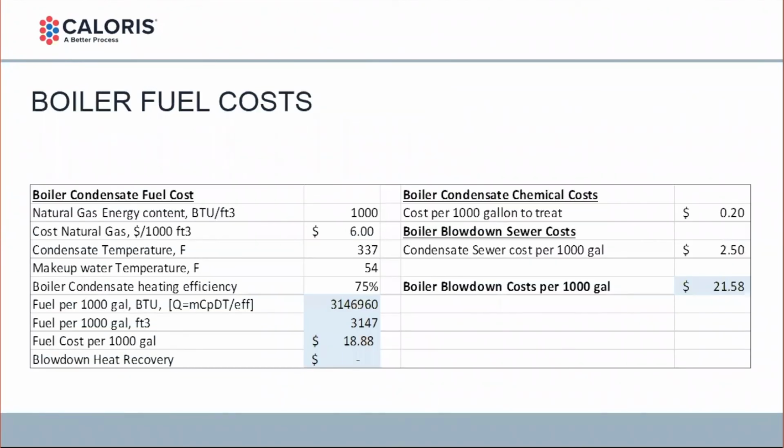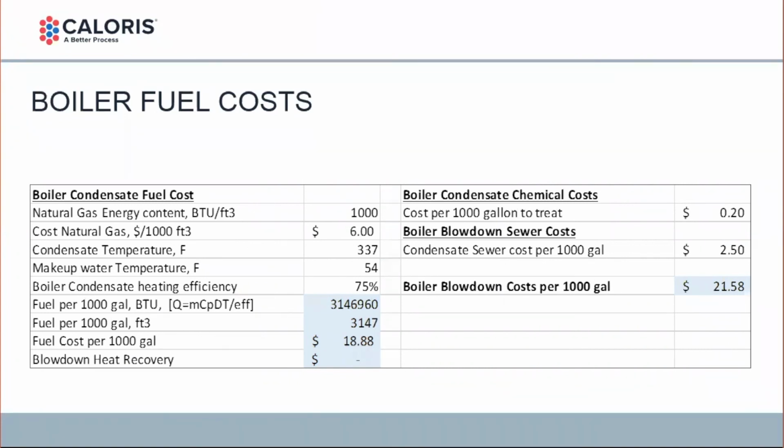Okay, so the first thing we're going to look at is the boiler fuel cost. We're going to say this is a 100 psi boiler, and we'll say that the makeup water temperature is 54 degrees. So the condensate temperature is 337.